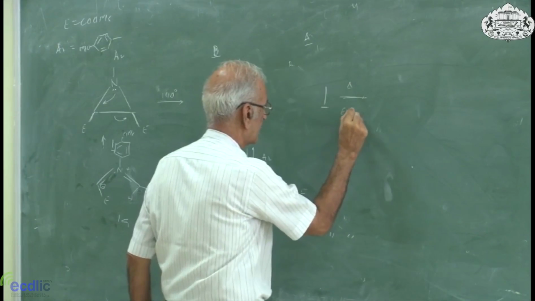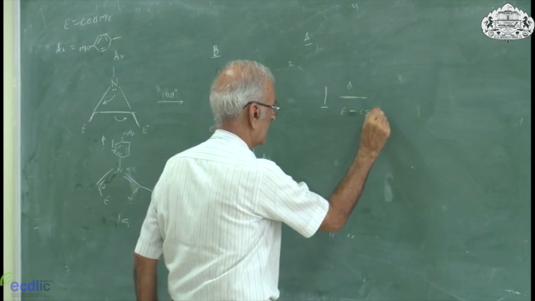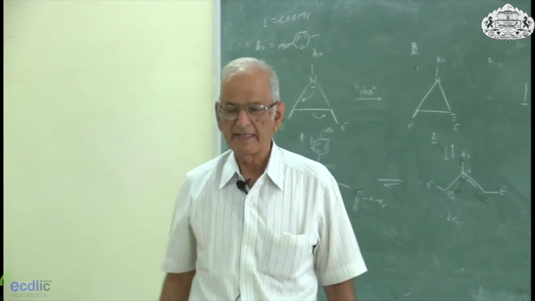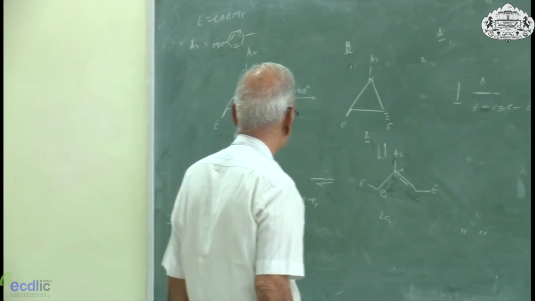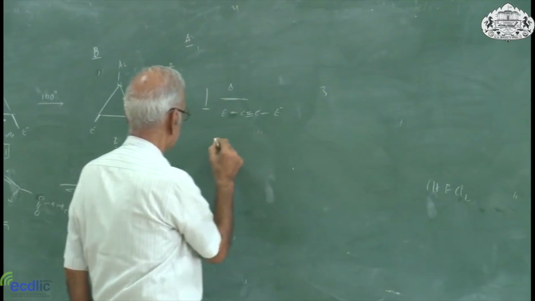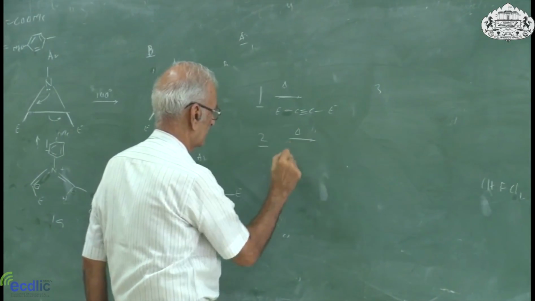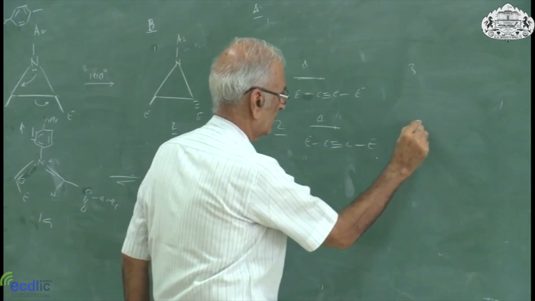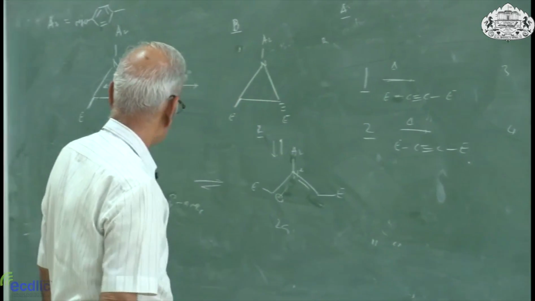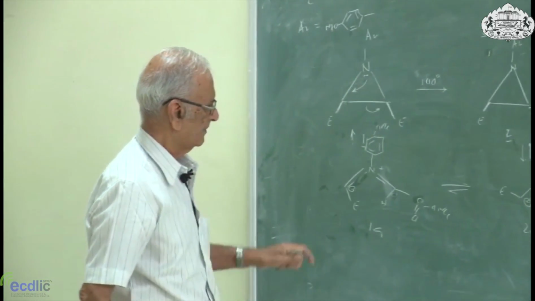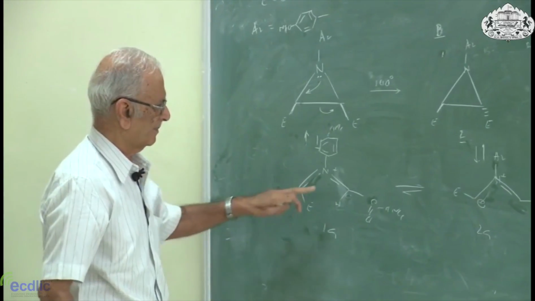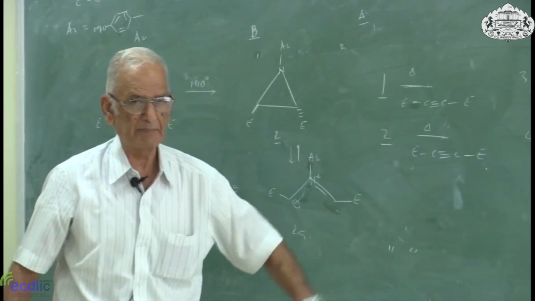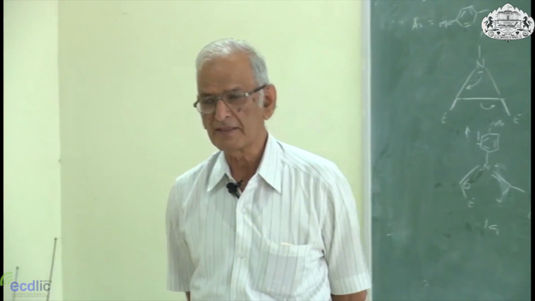If I heat this in the presence of acetylene dicarboxylate, my starting material has 1 double bond, the other starting material has 2 double bonds.